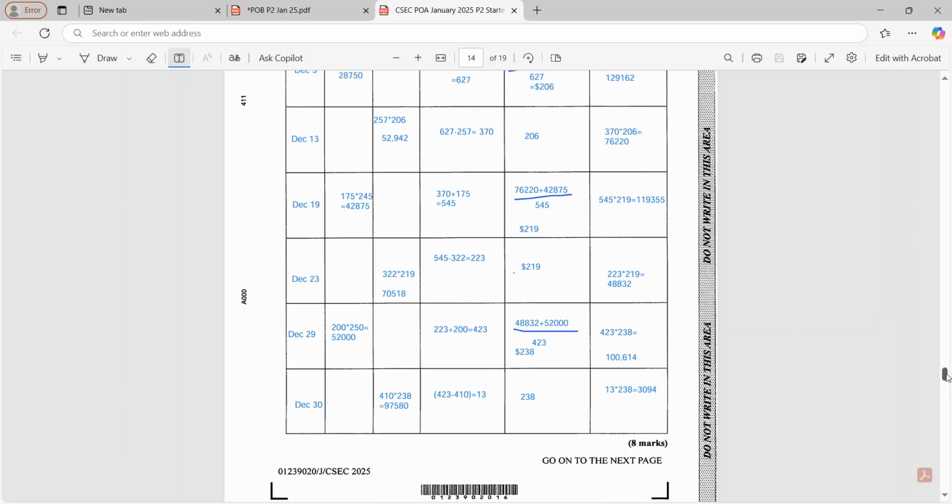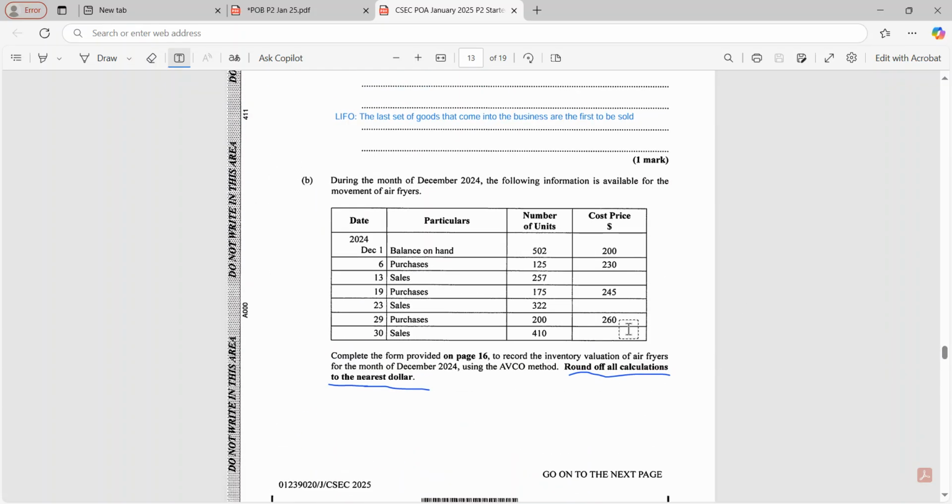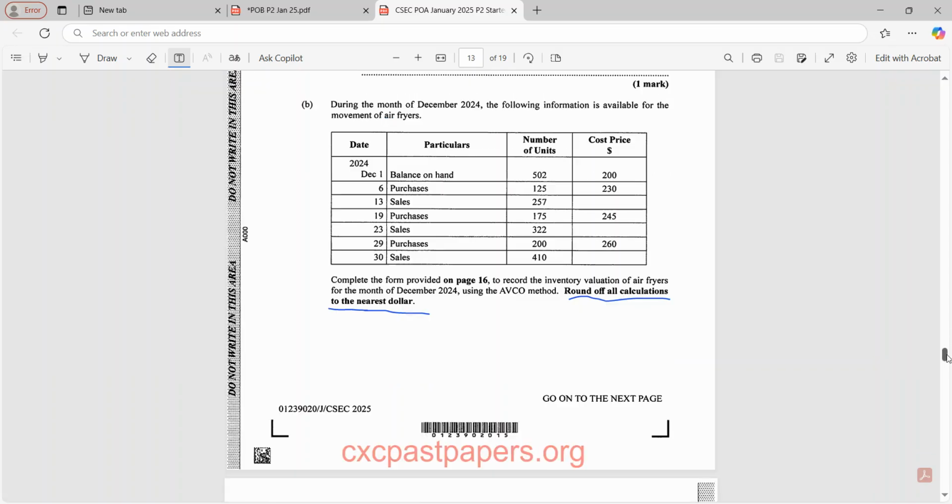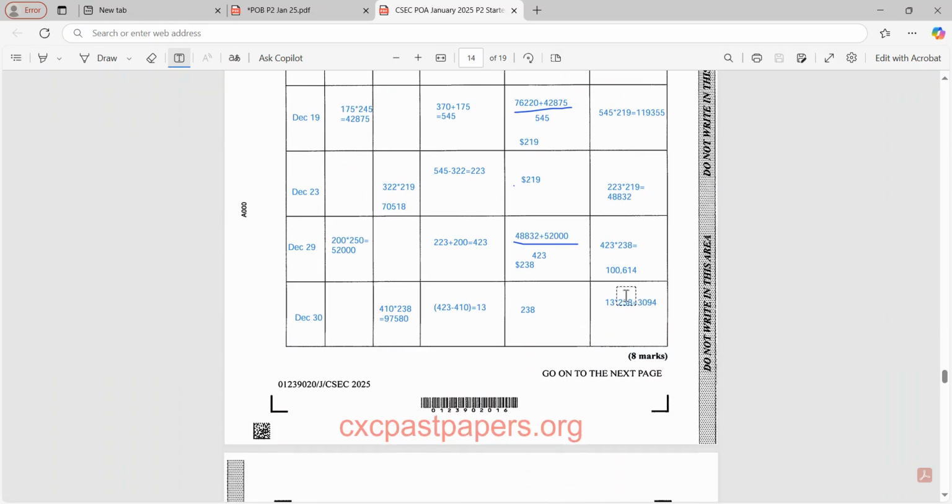For the 23rd, we move on. Sales of 322 units. So we show goods leaving the business, our inventory going out, and we say 322 multiplied by the 219, which is the average cost, will give us $70,518. 545, which is the number of units that we had, minus the 322 units that we're selling, will give us 223.